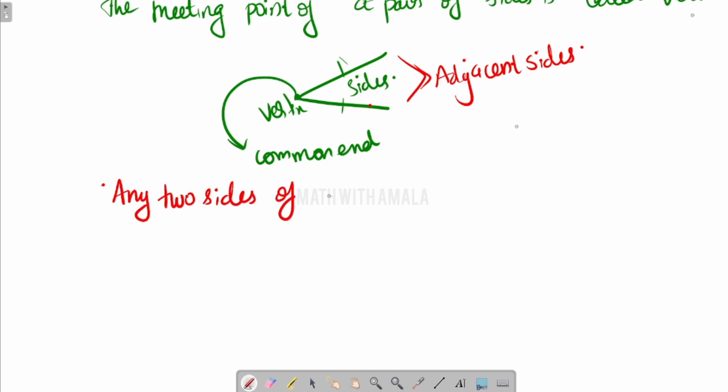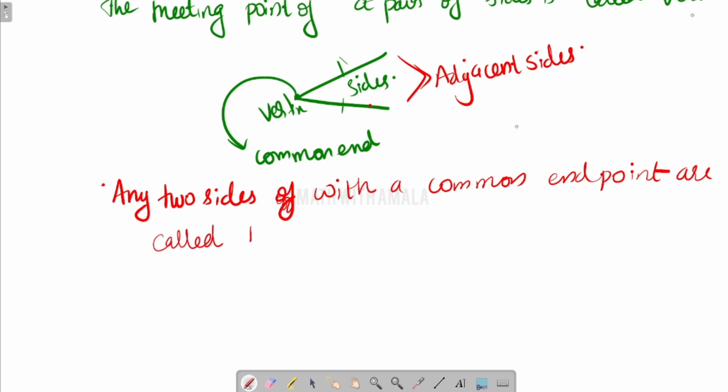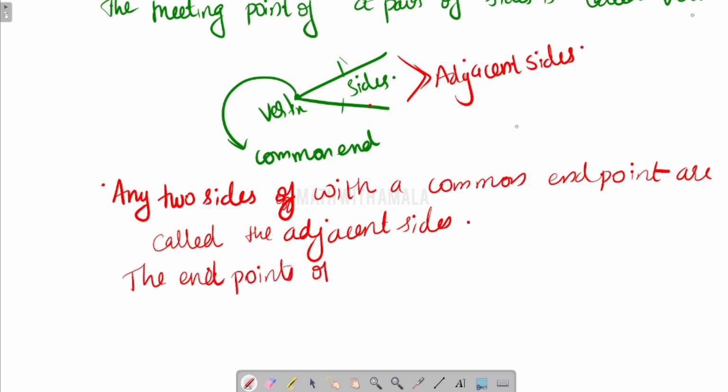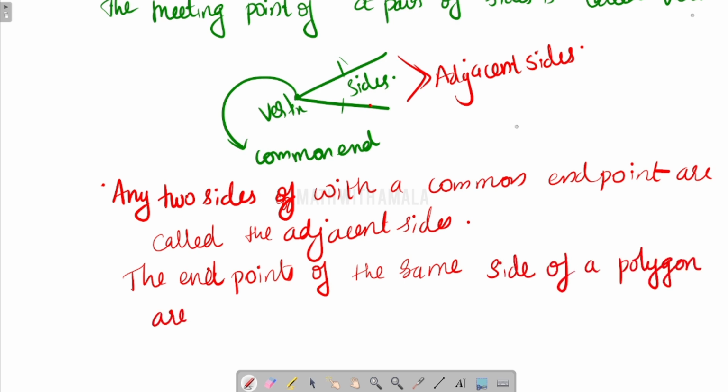So we can say in definition, any two sides with a common endpoint are called the adjacent sides. Or you can say the common endpoint like a common vertex. Now let's take another set of adjacency. It is adjacent vertex. The endpoints of the same side of a polygon are called adjacent vertices.